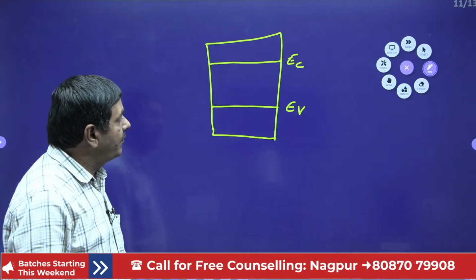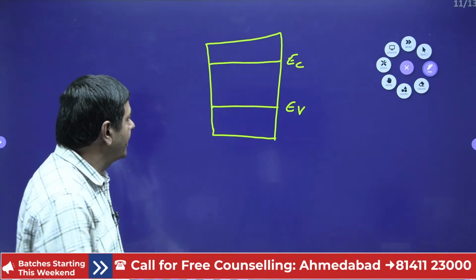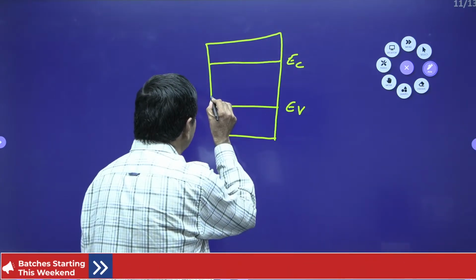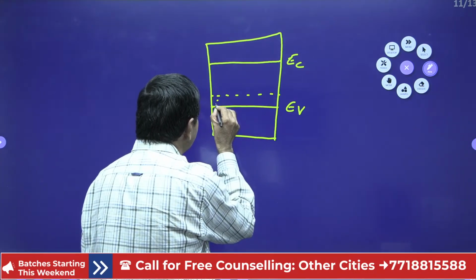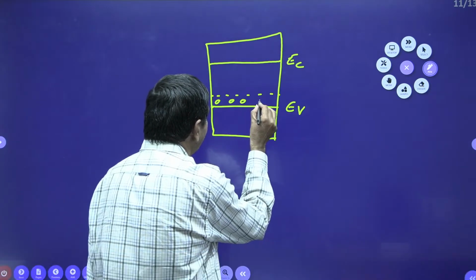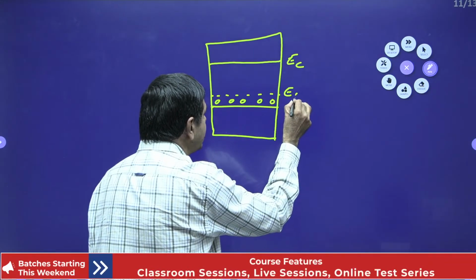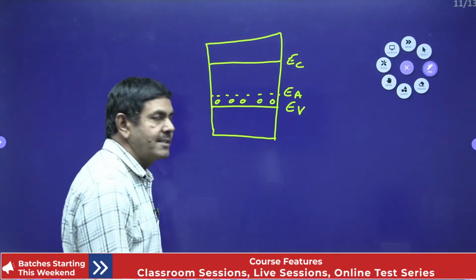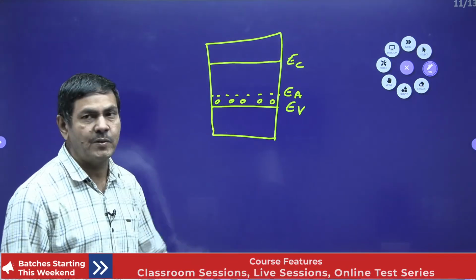But where can we find the hole concentration? The excess holes will occupy energy states here only. This energy is taken as EA, the acceptor energy level. Understand my point? These are all holes.